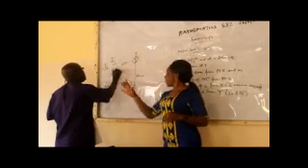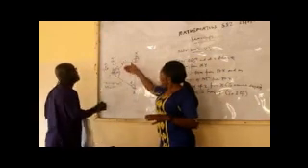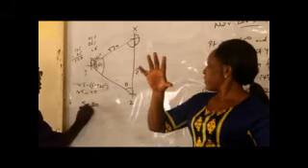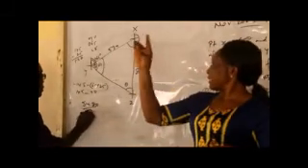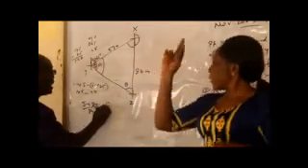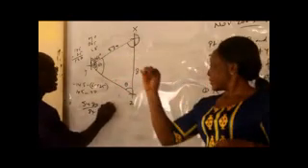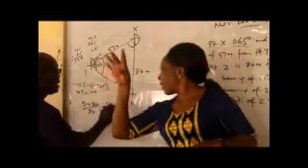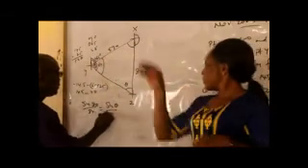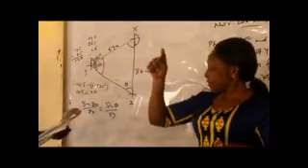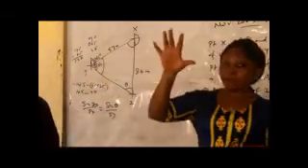From here to here is 80. So I can now say sine 80 over 84 is equal to sine theta over 57.